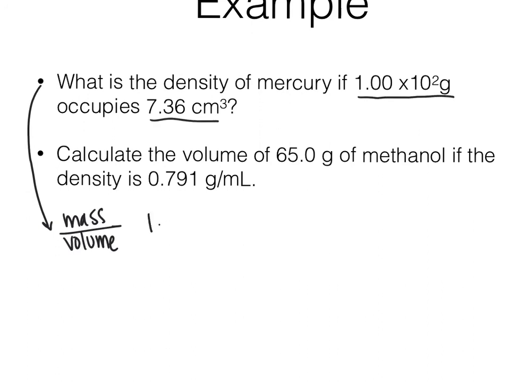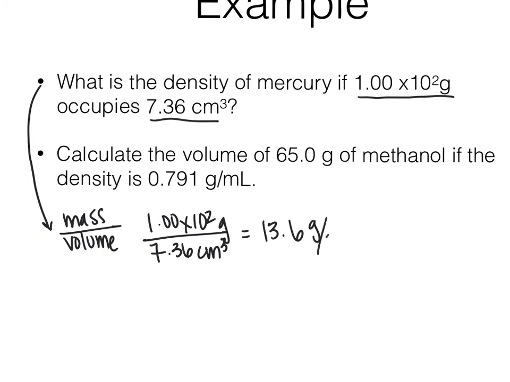So we're going to take our 1.00 times 10 to the second grams divided by 7.36 cubic centimeters. When we plug this into our calculator, we should get 13.6 grams per cubic centimeter, or 13.6 grams per mil.